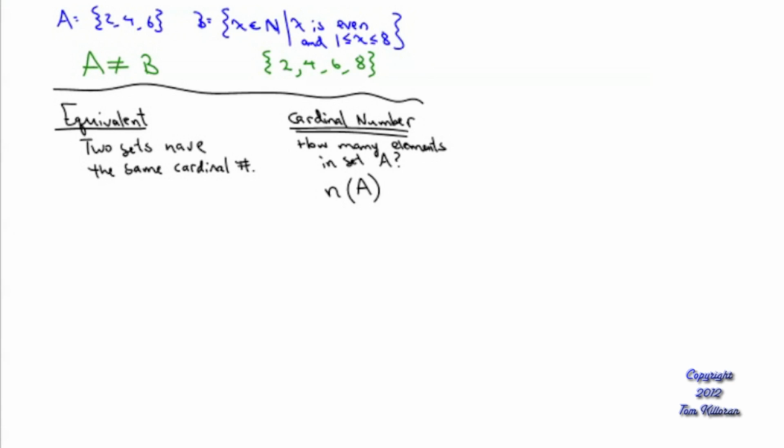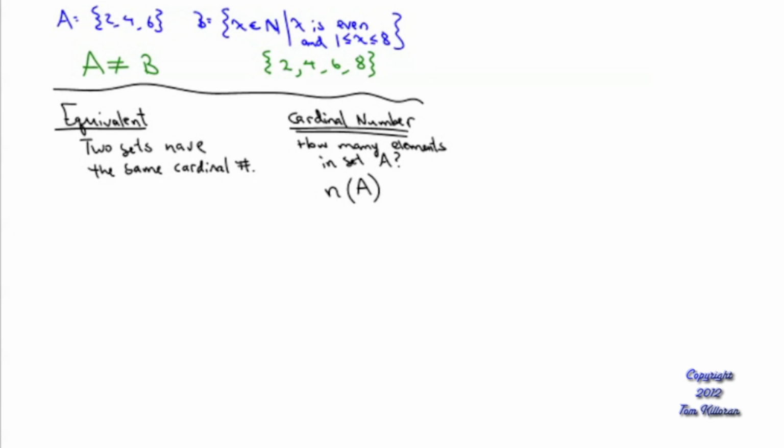Now, are equal sets equivalent? Yes. If you're equal, you have the same number of elements, and therefore they are equivalent. Are equivalent sets equal? Not necessarily. They could be, but they don't have to be. They're not forced to be.